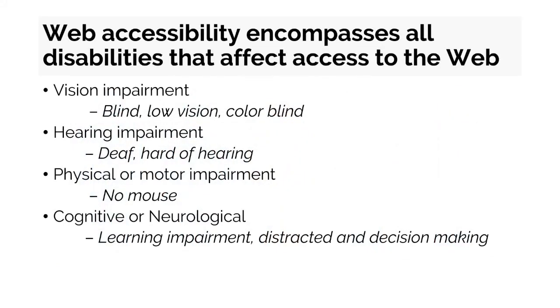Web accessibility encompasses all disabilities that affect access to the web. So we have vision impairment. It's one of the things that we hear the most about, people who are blind or who are screen reader users. We also have people who have low vision or people who are colorblind. On average, 8% of men have color blindness.